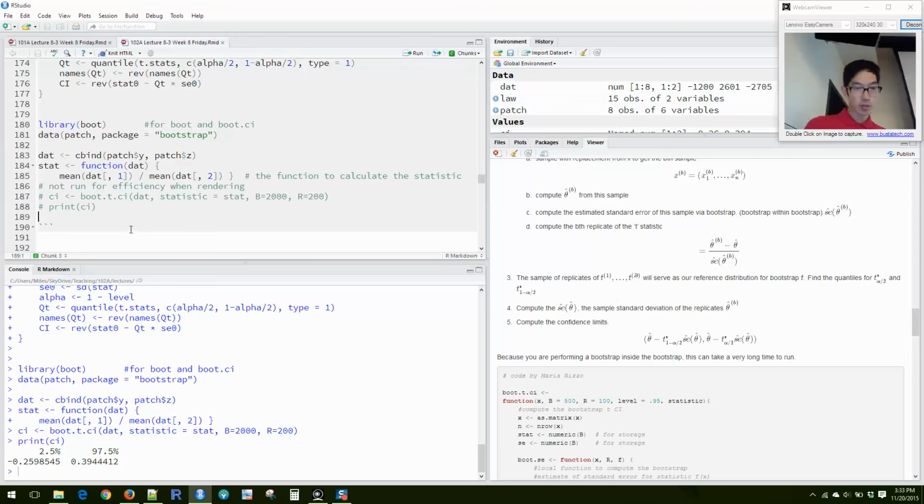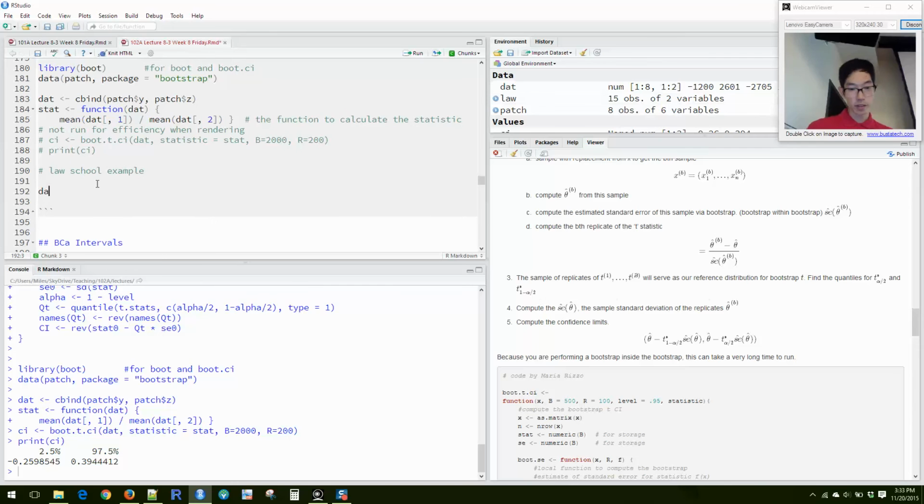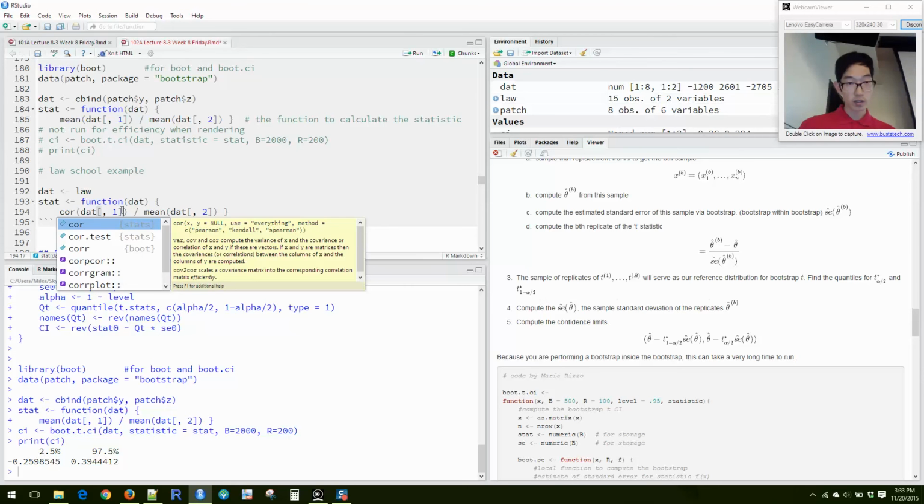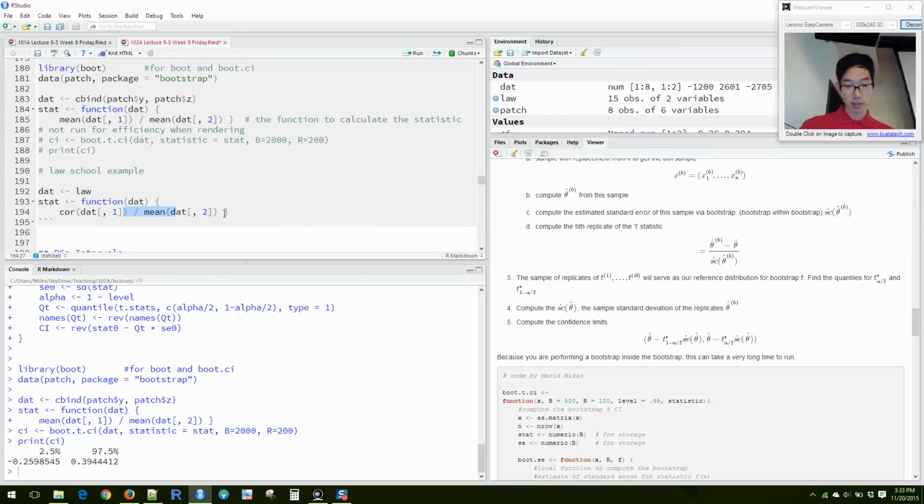I suppose we could do it for the law school example. In our case, our data would be law, and our statistic will be the correlation between the first and second columns of data here.